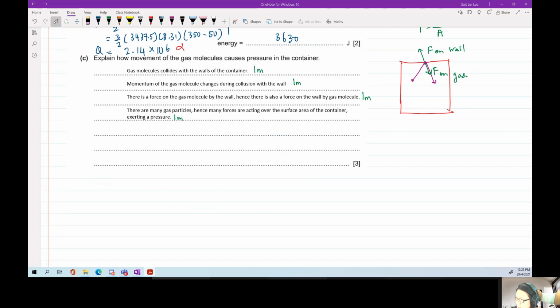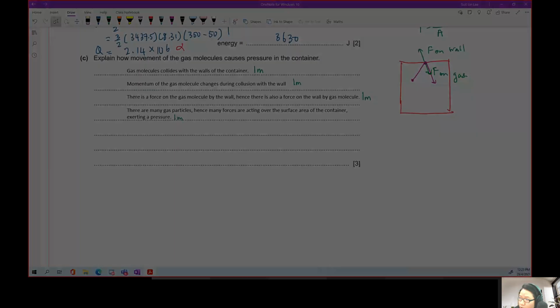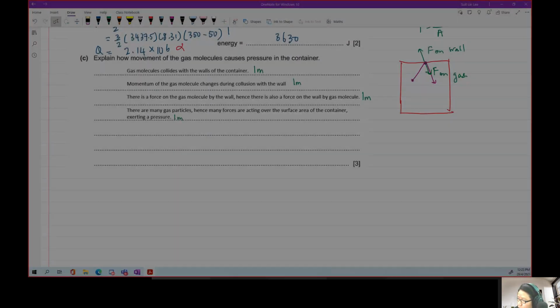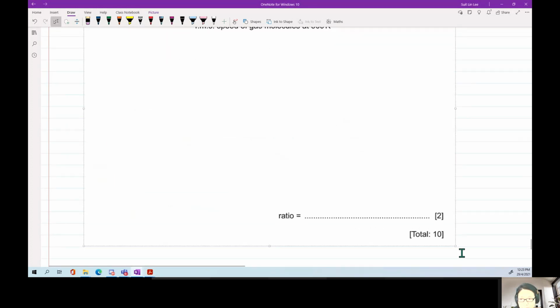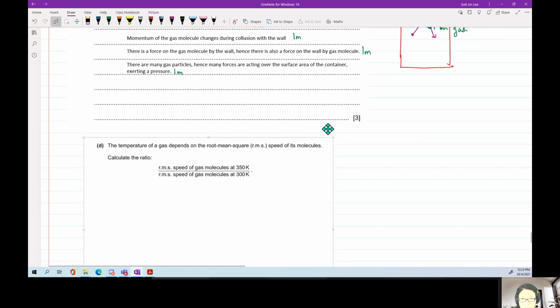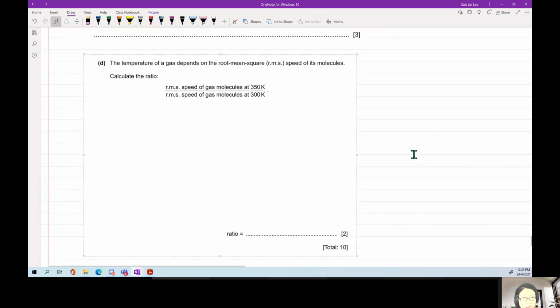Okay, so we talk about this when we derive the mean square speed equation, which brings us to the last part of the question, which is this mean square speed one. So the temperature of the gas depends on the RMS speed of the molecule. So if you want to find RMS speed at 350 and 300, I'm just going to write the equation first.